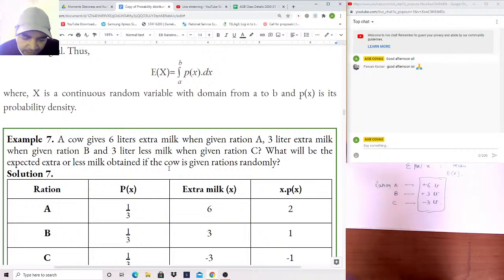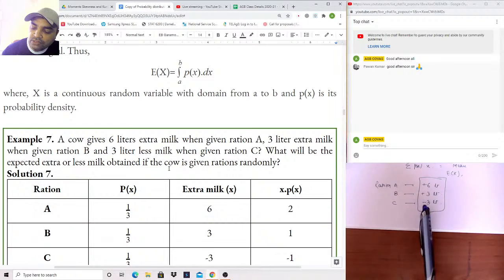On a day you choose the ration randomly, out of three you just take one slip, and repeat this experiment over a period, say 100 days or 200 days, or throughout the lactation. So whatever answer we get here, you will get there also.